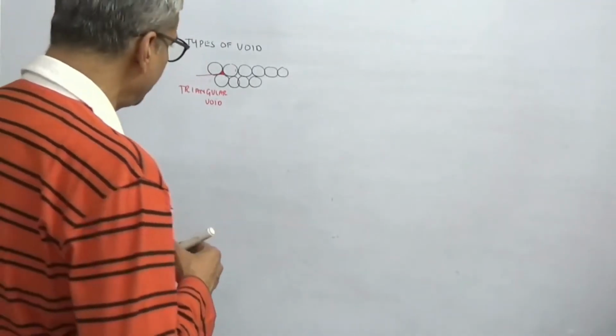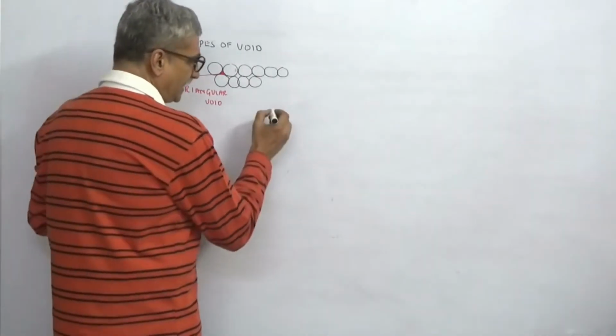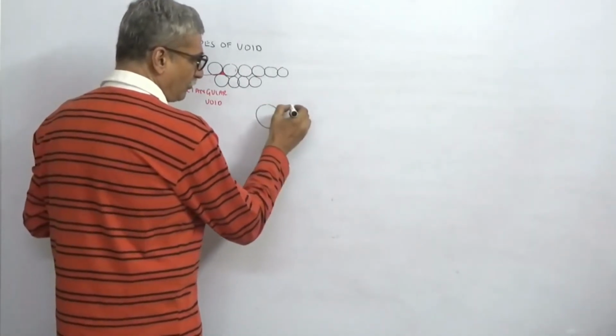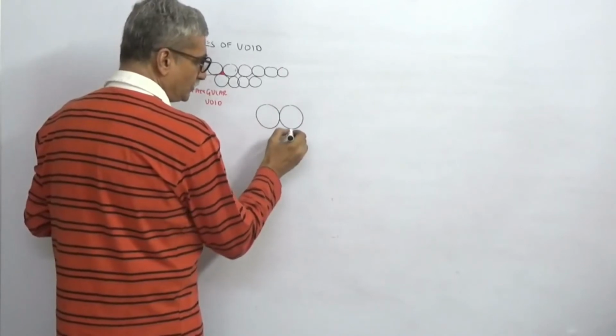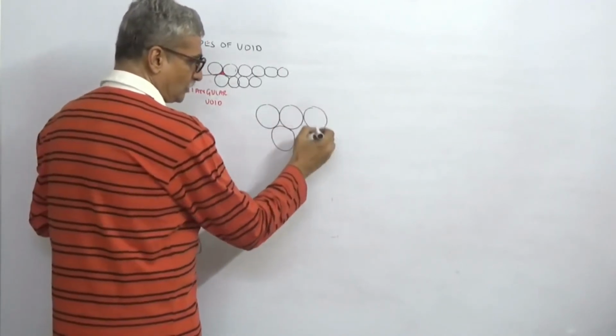Triangular void. और जब सेकेंड लेयर फिट करता है इसका ऊपर, तो देखो क्या हो जाएगा. I have 1, 2, ये triangular void हो गया. थोड़ा बड़ा किया मैं.